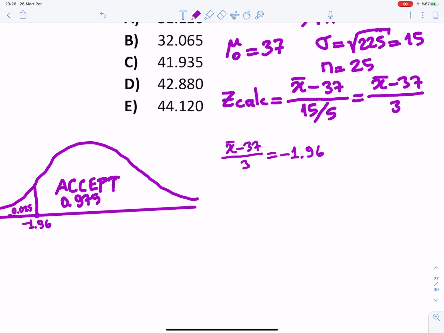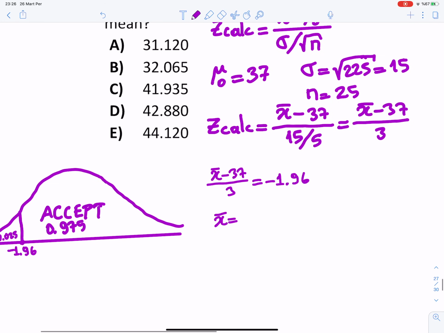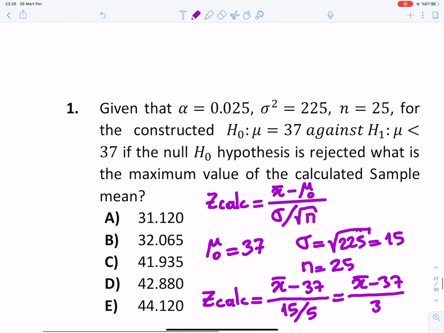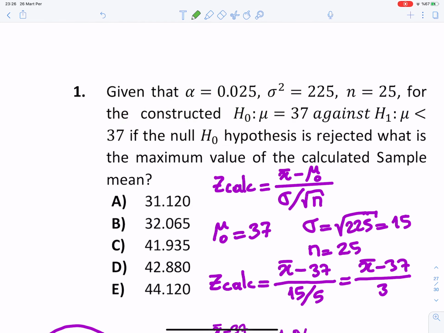If it is less, you reject, but if it is equal, it will be the maximum value of the x bar. From this, the x bar will be 31.12. That's the maximum value of the x bar. So the answer is A.